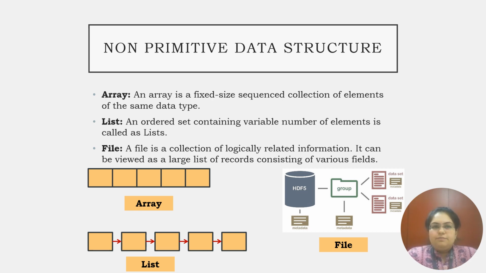Another is file. A file is basically a collection of logically related information. It can be viewed as a large list of records containing various fields. In simple words, a file is a container in a computer system that stores data, information, settings, or any kind of commands which can be used in computer programs.